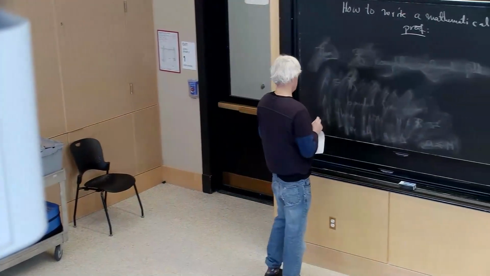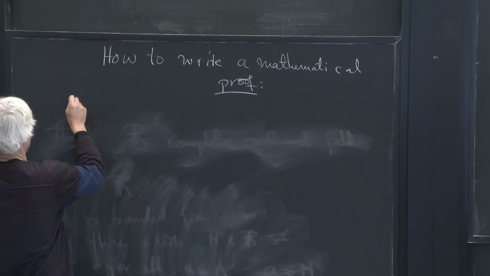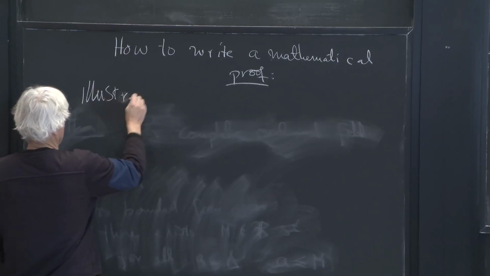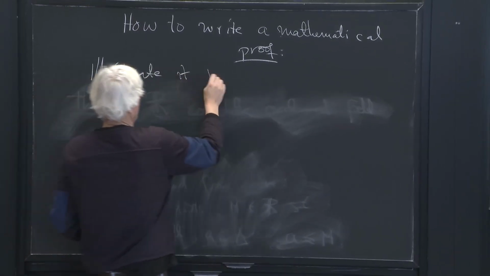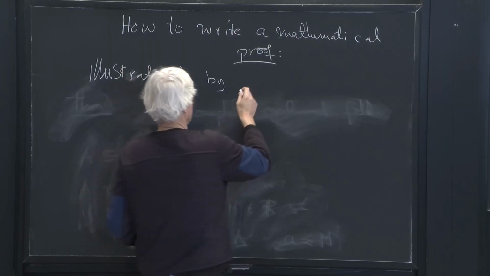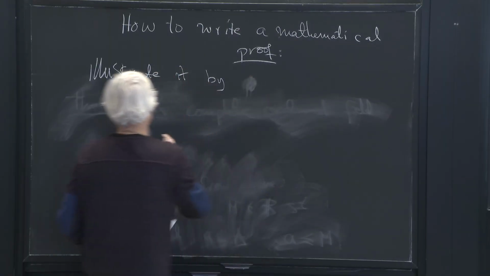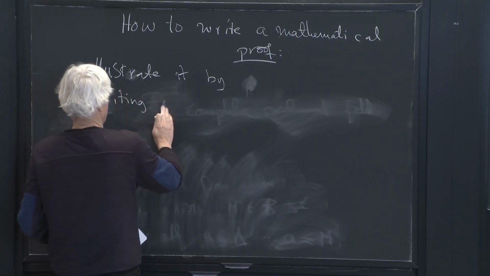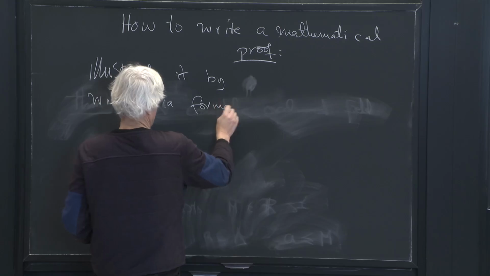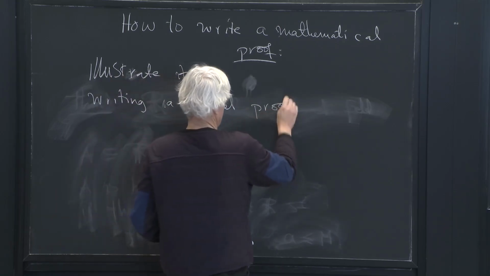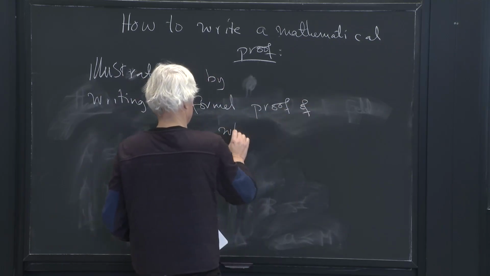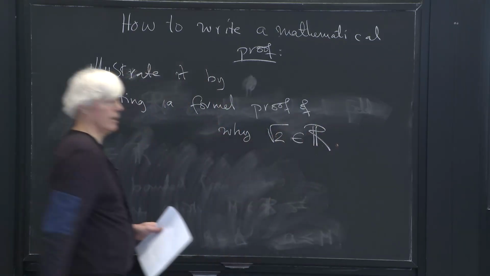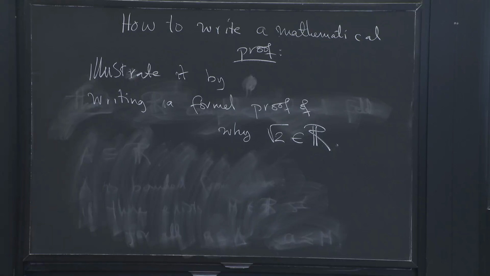So I'm going to illustrate this by writing a formal proof of why the square root of 2 is a real number.